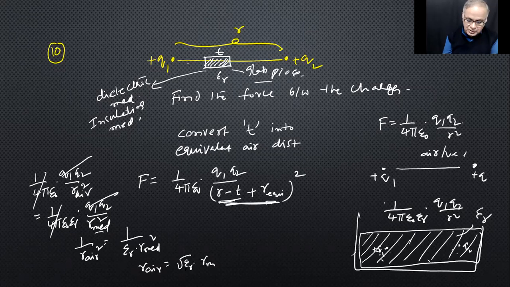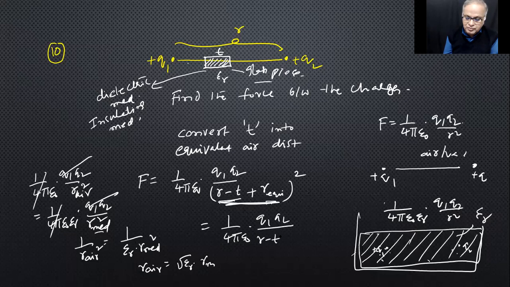That means if epsilon R is given, root epsilon R into R medium will be equal to R air. So I can write it like this: 1 by 4 pi epsilon 0 Q1 Q2 by (R minus T plus root epsilon R into T) whole square, where this R medium is T. This whole square will be the force.